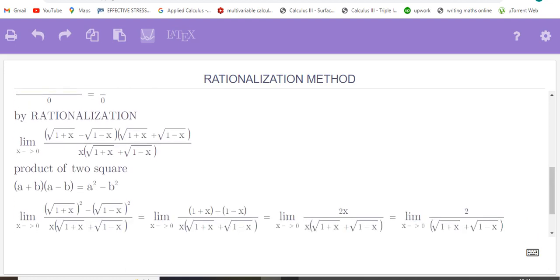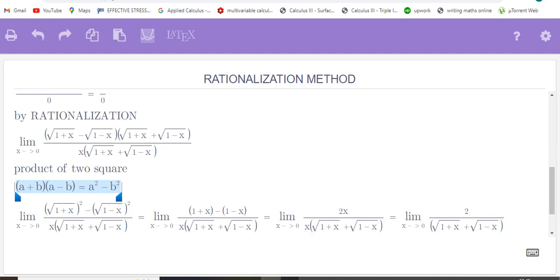Use that to multiply both the numerator and denominator. When you do that, you end up at the highlighted point. The numerator is root of 1 plus x minus root of 1 minus x, and the other part is the conjugate, which I have used to multiply both numerator and denominator. Before I proceed, I need to bring you a basic concept, the product of two squares. When you take a plus b multiplied by a minus b, you get a squared minus b squared.